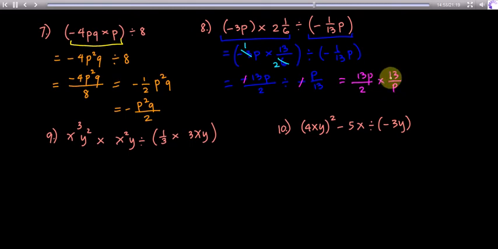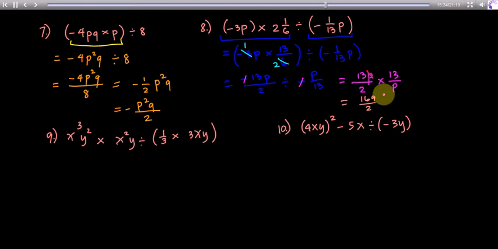Now as you observe, when you multiply, you're just going to multiply both the numerator and also the denominator. So 13 times 13 is equal to 169. This will be equal to 169 over 2, because this is 2 times 1. But how about the P?